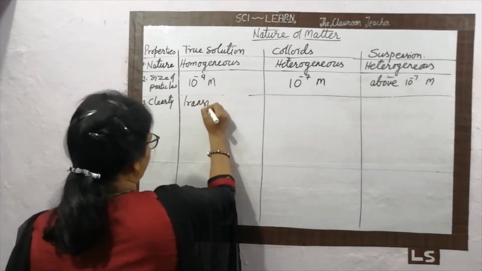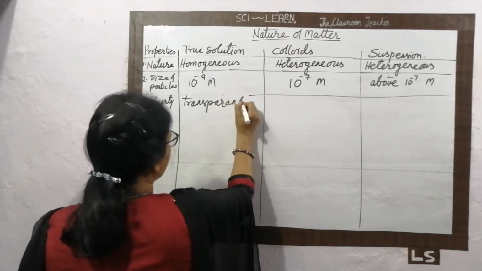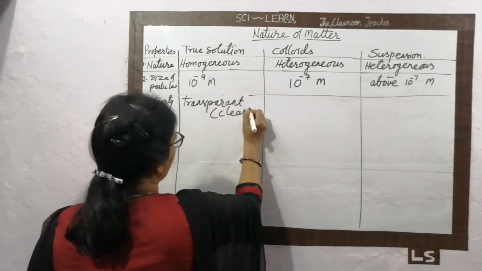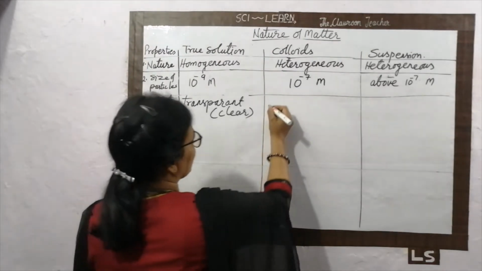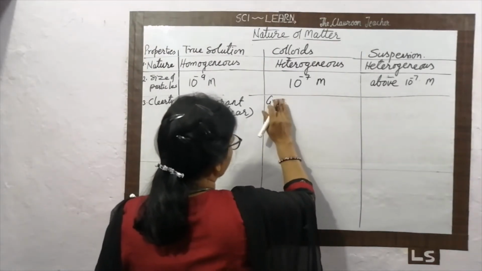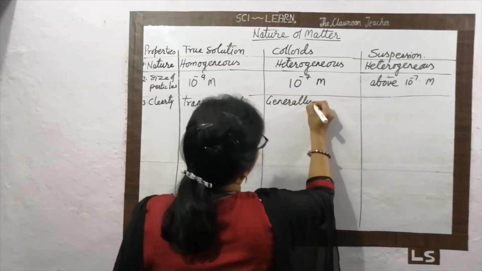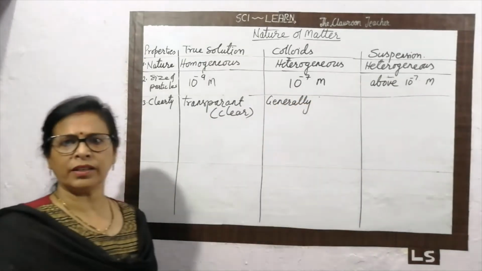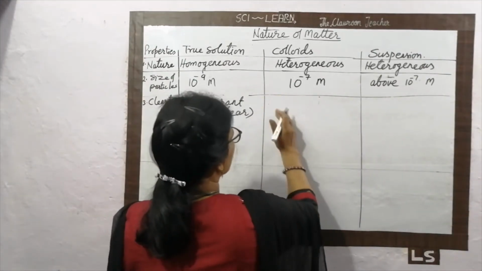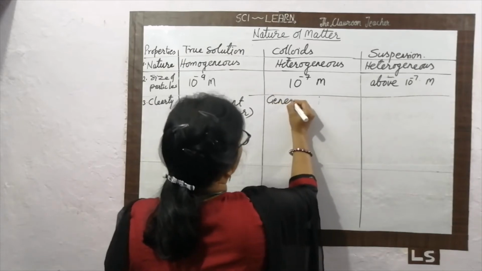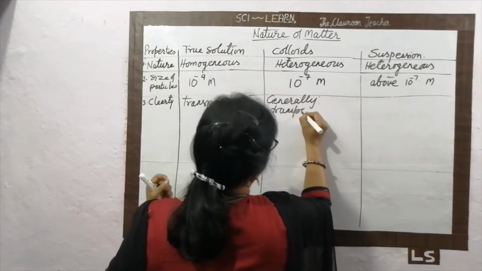It is transparent, it means clear in visibility. The colloid is generally transparent, or actually it is nearer to translucent.